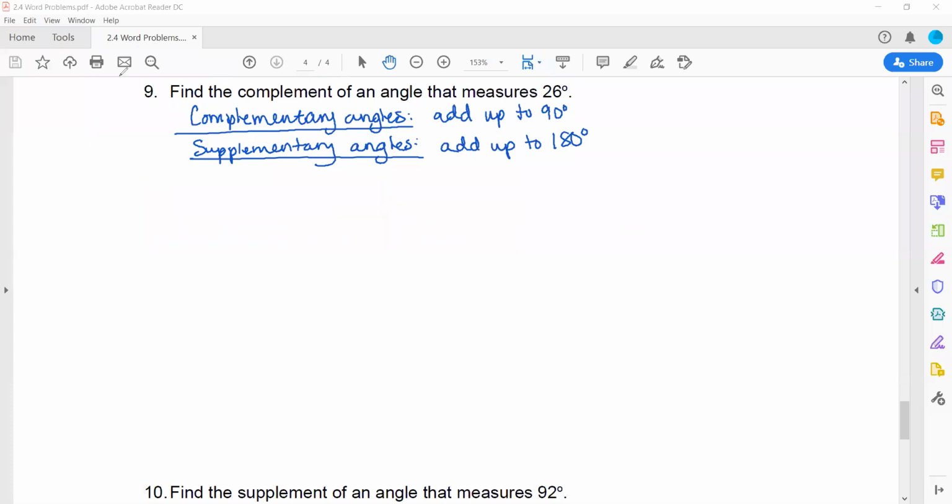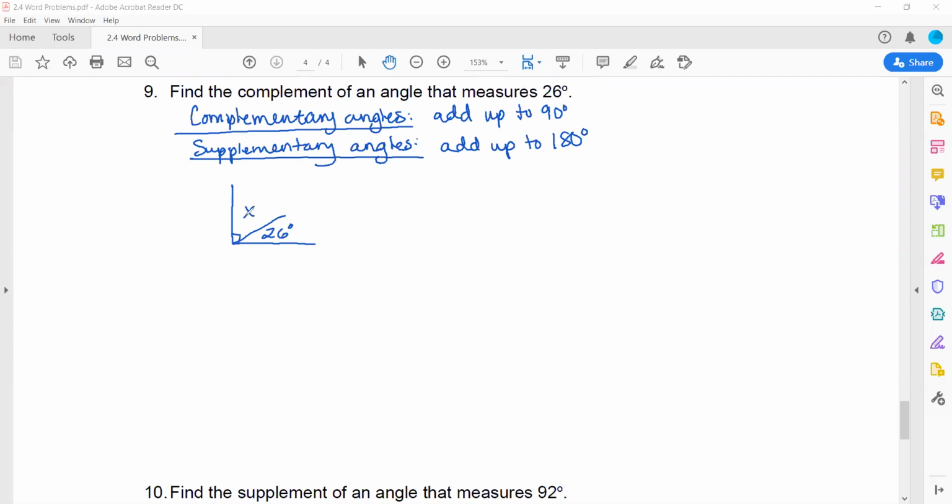All right, so now we want to find the complement of an angle that measures 26. Complementary means they add up to 90, so we have some 90-degree angle here. We know one of them is 26. So in order to find the other one, we want to go ahead and subtract it from 90. To define the variable here, though, I'm going to put an X for that missing angle.